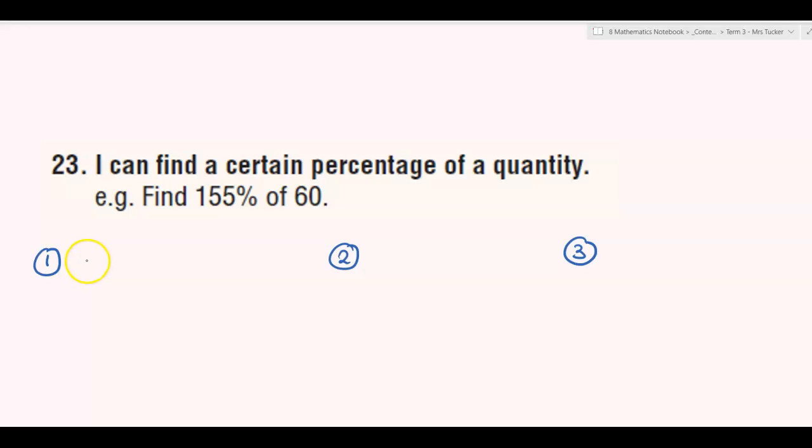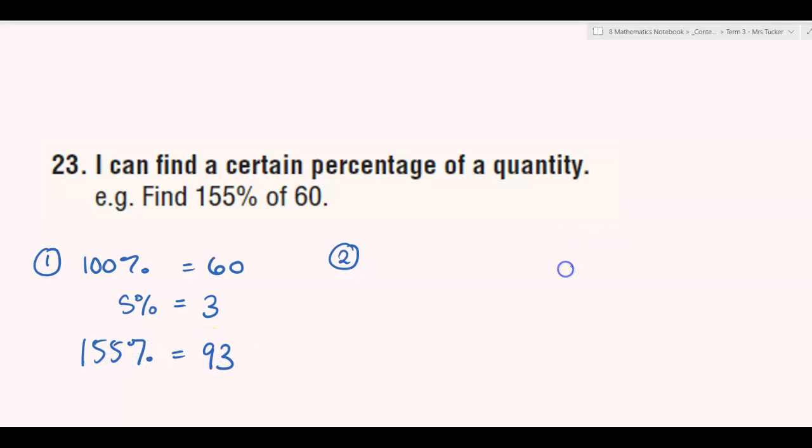Unitary method is when we say 100% equals 60, therefore 10% equals 6, therefore 50% equals 30, and 5% of 60 is 3. So then you've got 155% equals 93. Okay, good.